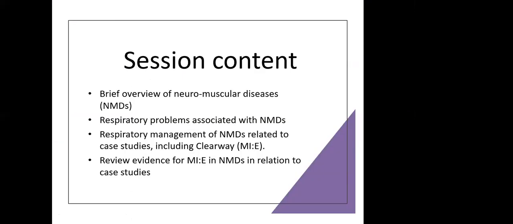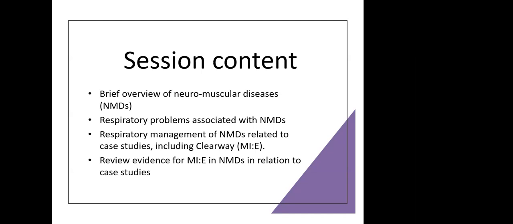It's obviously only an hour session, and we really can't include everything about this patient group, so it's by no means exhaustive. We are just going to have a very brief overview of some more common neuromuscular diseases that we might come across, the respiratory problems that are associated with these neuromuscular diseases, and the respiratory management of these patients.